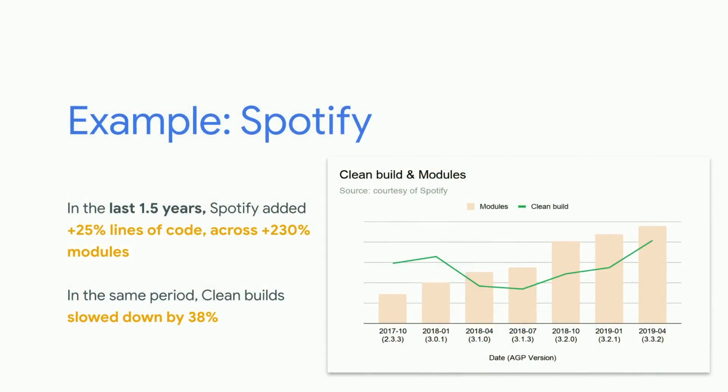So if you're trying to reconcile these graphs going down and up, let me walk you through a real-life example. Looking at Spotify, in the last year and a half, the project grew by 25% when you're looking at lines of code, and 230% when looking at modules. That's about 3x the growth in a year and a half. It's huge. At the same time, clean build slowed down by 38%.